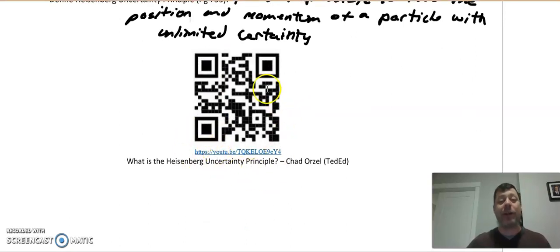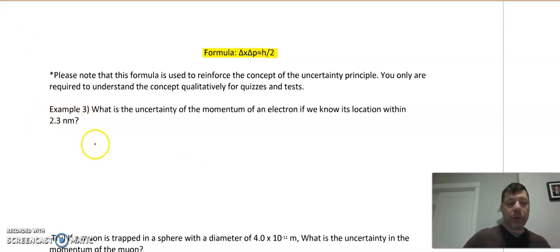Pause this video, go to this one, and then let's come back to this video to finish off our lesson. Okay, hope you enjoyed that, and hopefully that makes things a little bit more clear. We've got a bit of a formula here. This is a bit of an ad hoc formula. It's not really a true formula. This is here just to reinforce the concept of the uncertainty principle.